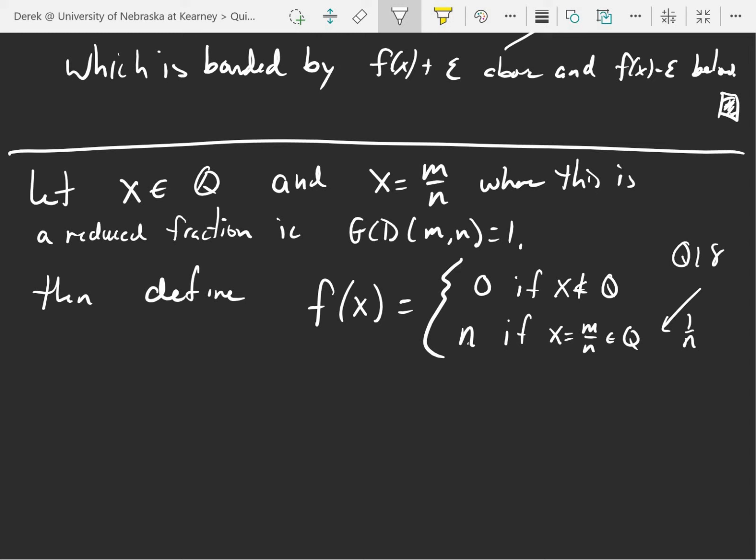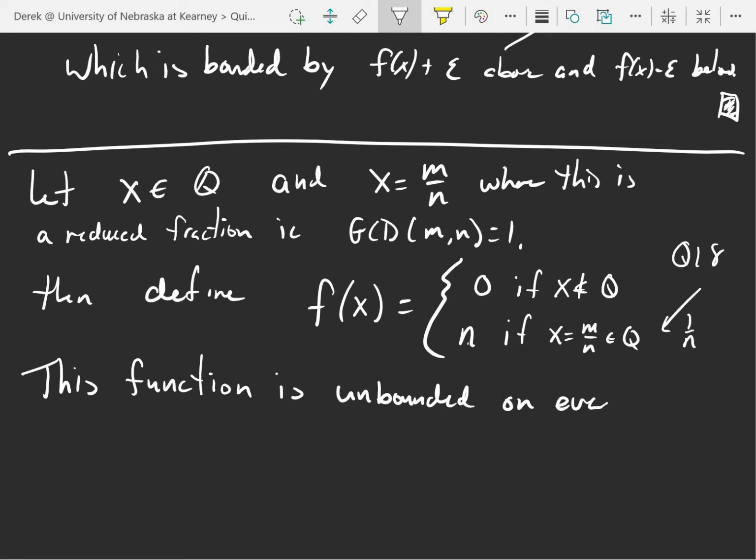Okay, so I'm going to prove this function is unbounded on every interval. No matter how small you make the interval, you get an unbounded function.